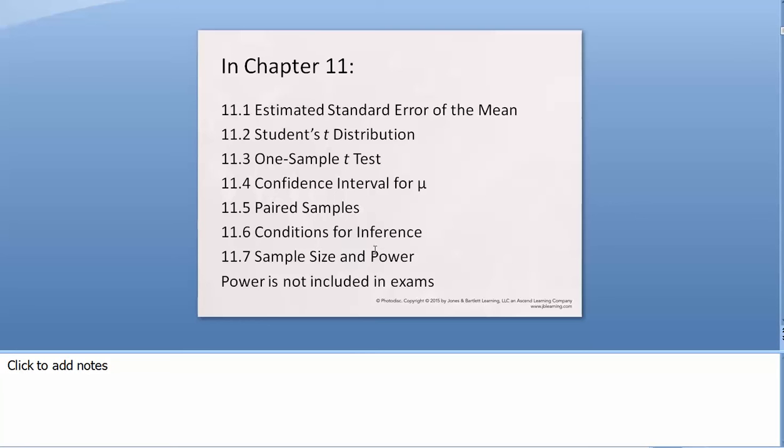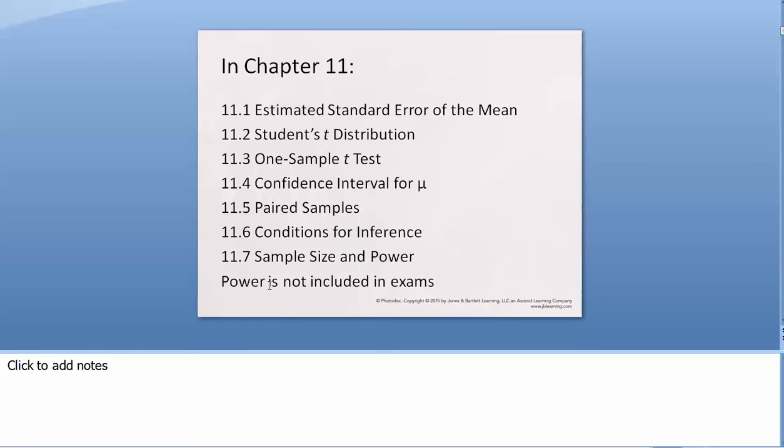Now sample size and power. We'll do some problems with sample size, but power we will not be doing. I will have the slides here, but I will not hold you responsible for the topic of power as far as the exam is concerned. That's a little bit advanced.